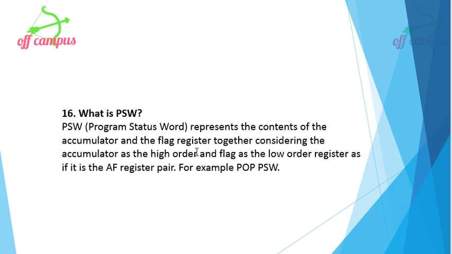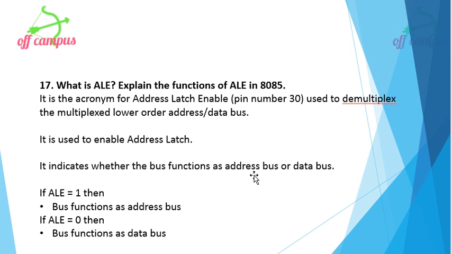Here the accumulator is the higher order and the flag is the lower order register, as if it is the AF, accumulator-flag register pair. This is very important. For example, POP PSW.